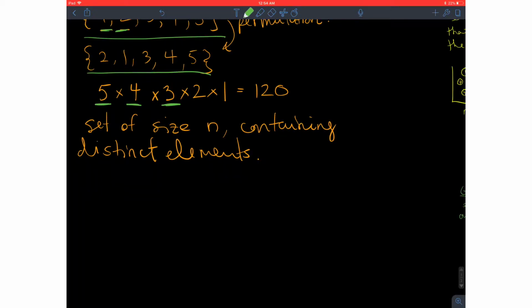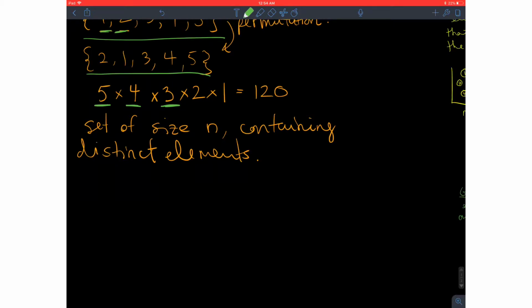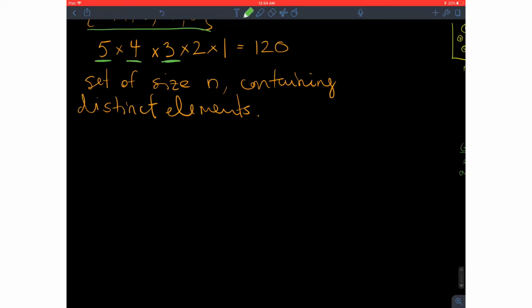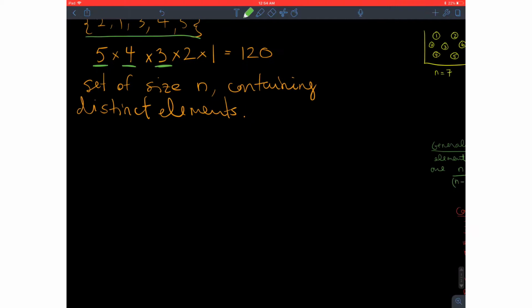And this pattern here of multiplication of 5 times 4 times 3 times 2 times 1 is a pattern which has a representation in mathematics that's rather concise. We call that pattern, so let's say we had a set of size n containing distinct elements.